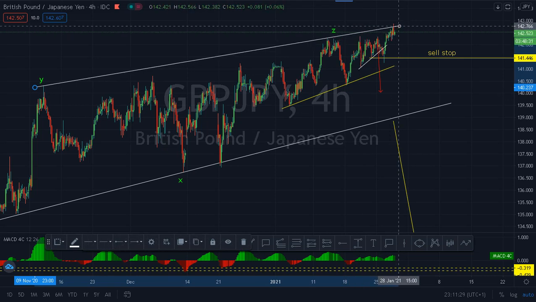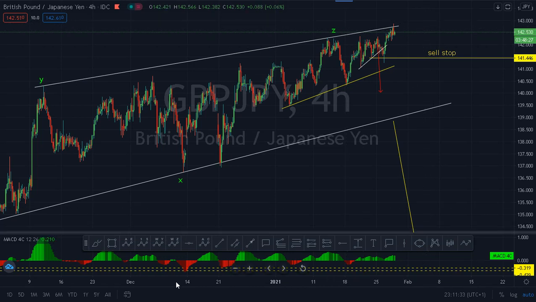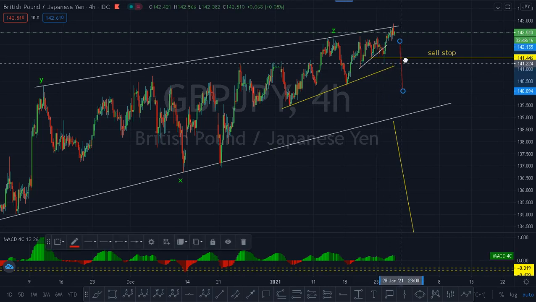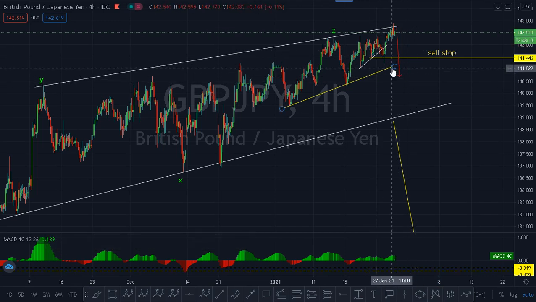It hasn't closed above this channel. So the message there is that we might have been expecting this drop. I don't know if it will happen this time, but I am following this pair.